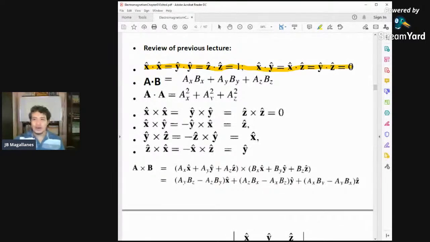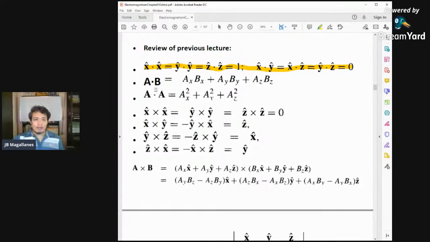So here you have x dot x, y dot y, and z dot z equals 1. And when you dot a vector to a perpendicular vector, that's supposed to be 0, just like what happens here. x dot y, x dot z, y dot z are 0 because they are mutually perpendicular, meaning they're perpendicular relative to each other. You can also reverse this, y dot x, because they are commutative.